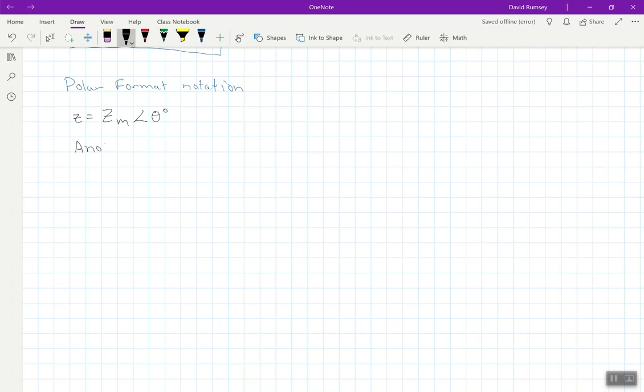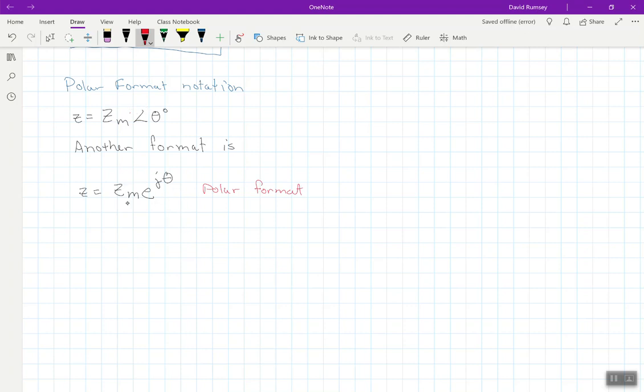Another way to write it is z equals z sub m e to the j theta. So this is still polar format. It's just a different way of writing it than with an angle.